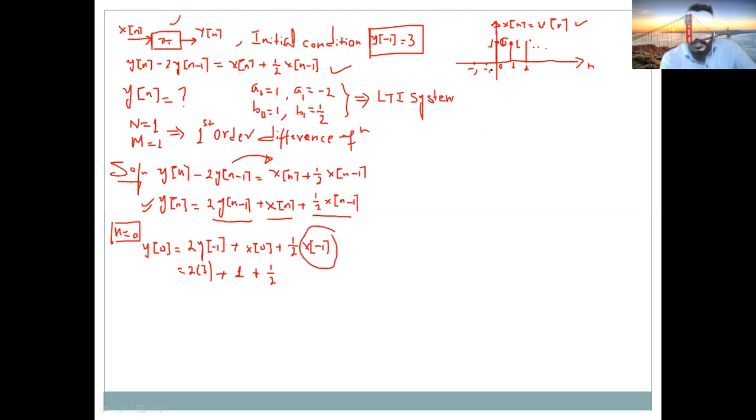What is the input x at negative 1? This is a unit step, so at negative values the sample is 0. X of minus 1 is 0. So 2 times 3 is 6, plus 1, plus 0. How much will it be? 7. So look here: when n is equal to 0, the output is equal to 7.